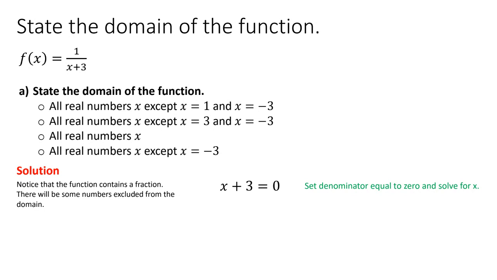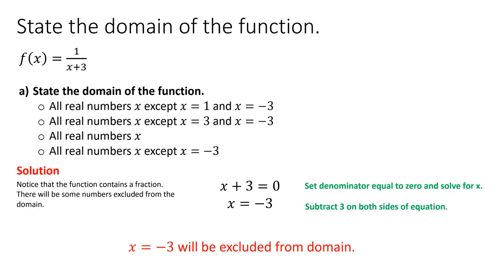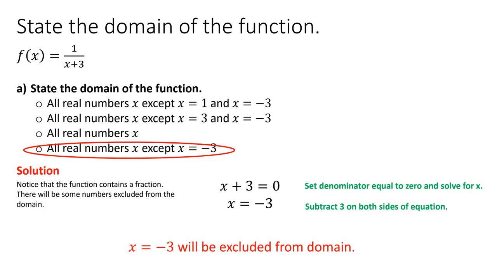The algebra confirms that if x is equal to -3, we would get a 0 in the denominator, and hence the function would be undefined. So we can use any value for x except -3. Our answer on WebAssign would be all real numbers except when x equals -3. This is our excluded number, because it would give us an undefined function.